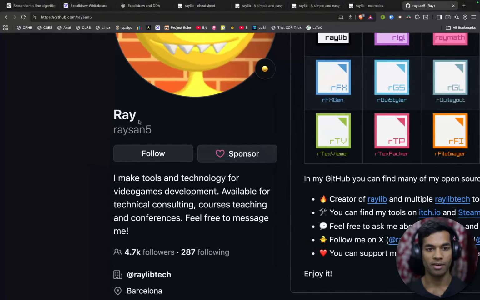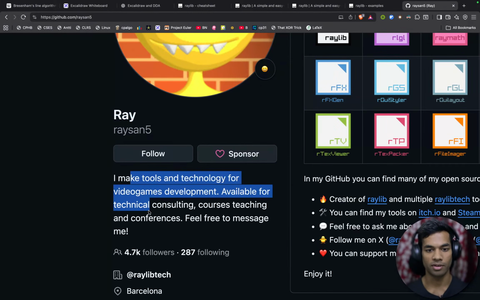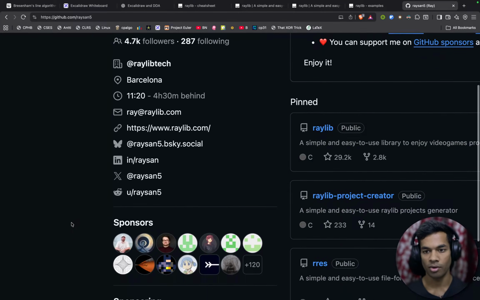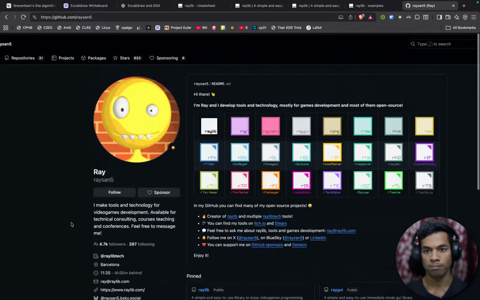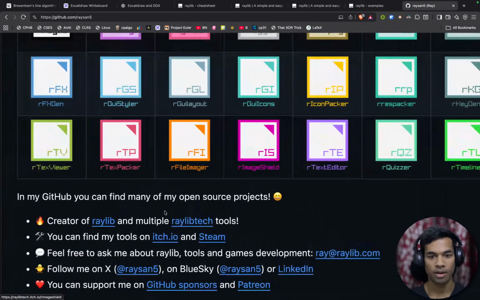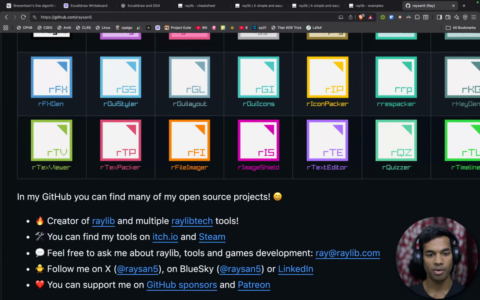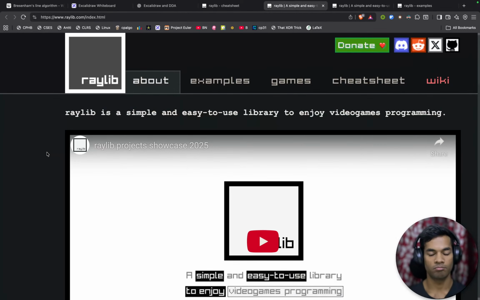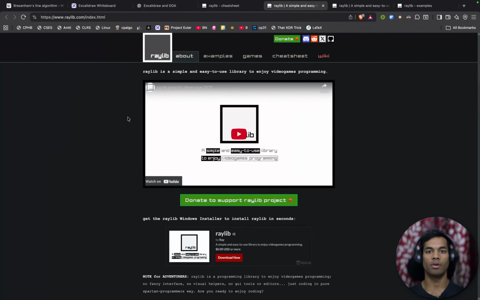That is why it has Ray in the name, because his name is Ray. And his actual name, I forgot his actual name. Creator of Raylib. Yeah, it has Ray in the name because the creator has Ray. And yeah, this also would have ray tracing, I suppose.